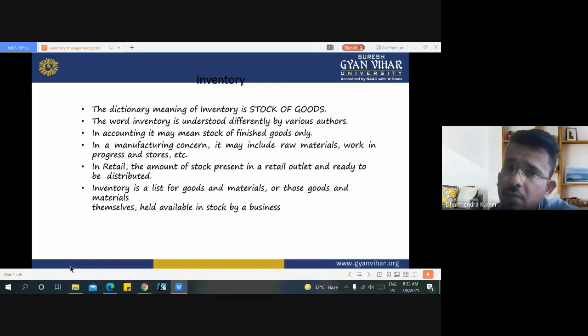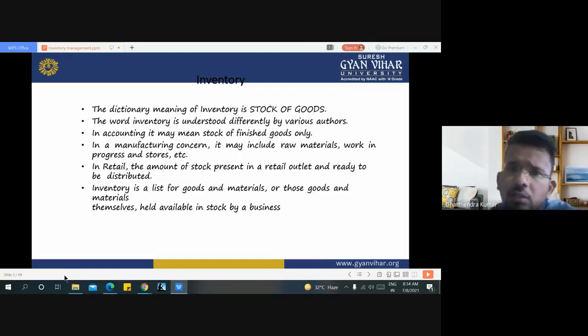Moving goods here represent the time duration between coming from raw material inventory to going to the finished good inventory. The word inventory is understood differently by various authors, but it is commonly known as the storing of goods or the storing of parts, that is known as spare inventory.